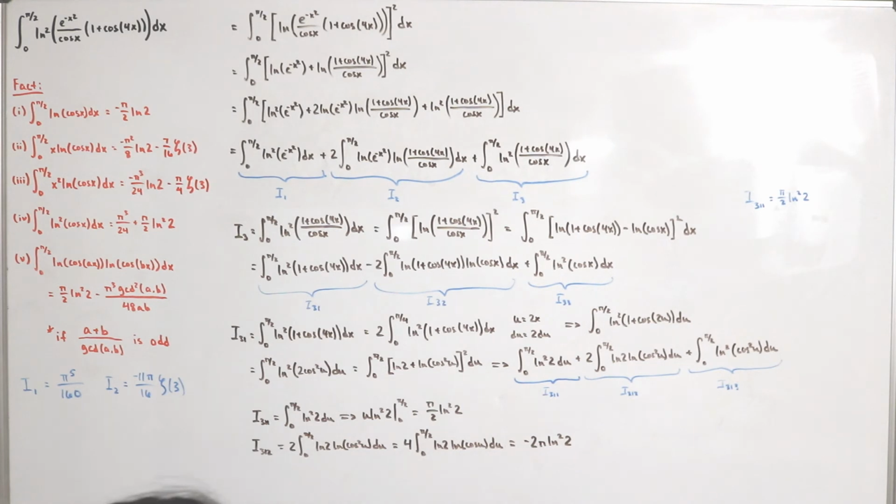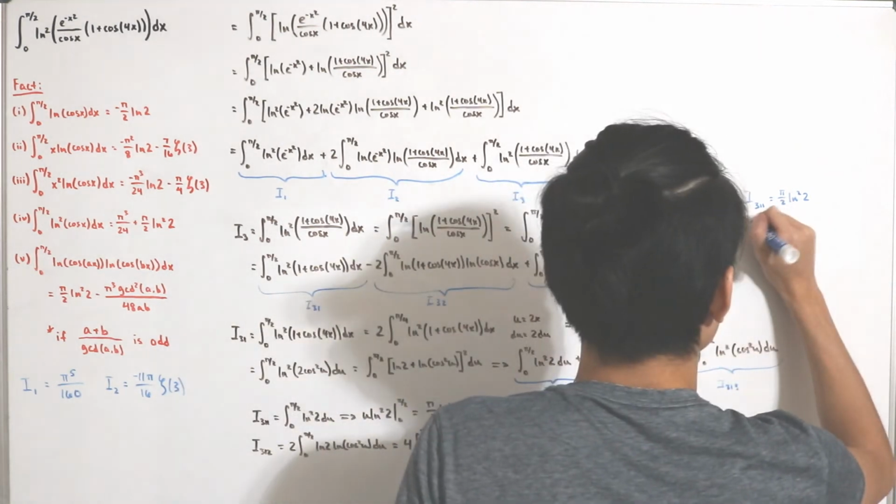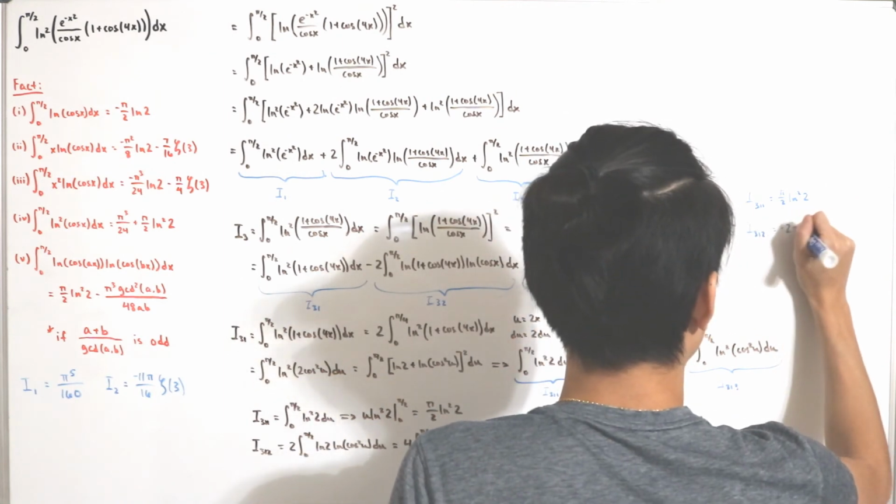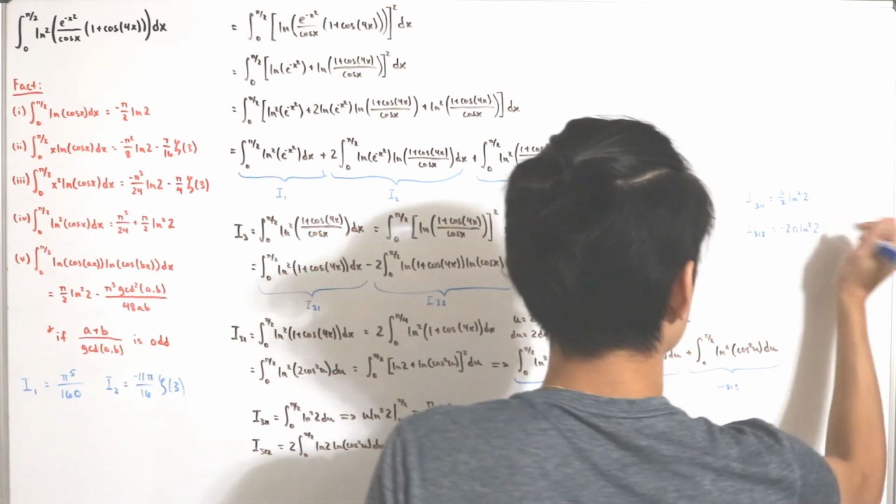Let me justify that by fact number 1, that we can take the shortcut here. So I sub 312 is equal to negative 2 pi ln square of 2.